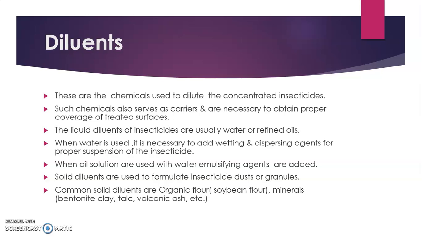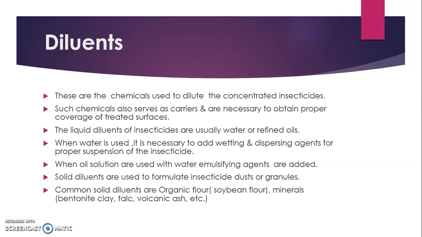Now we'll talk about diluents. What are diluents? Diluents are the chemicals used to dilute the concentrated insecticide. Such chemicals also serve as carriers and are necessary to obtain proper coverage of treated surfaces.